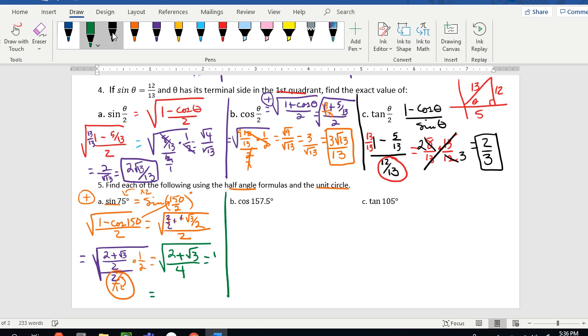I'll have to rewrite it down below. Let's change colors one more time. Square root 2 plus the root of 3 over 2. Now, this should look like a lot of the stuff we did in class yesterday.